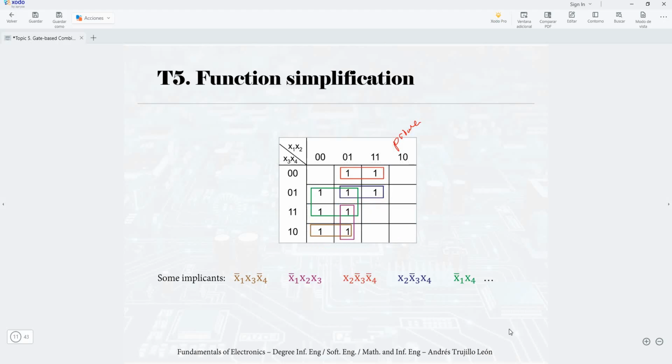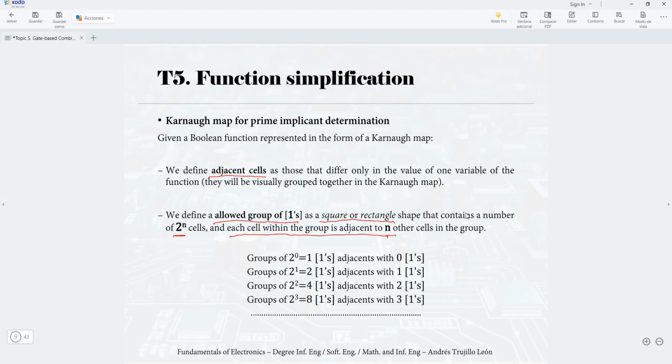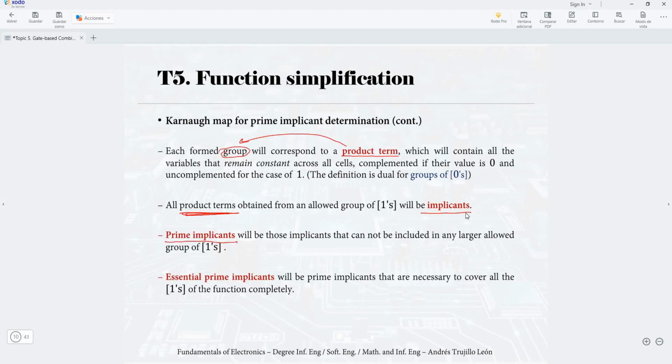So we continue, and we are going to see the concept of essential prime implicants. They are prime implicants, so they are the largest allowed group of 1 possible, and they are essential because if we don't include these implicants, the function is not covered completely. We say that we cover the function when we include all the ones of the Karnaugh map into an allowed group of ones.